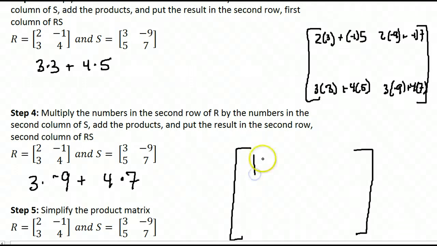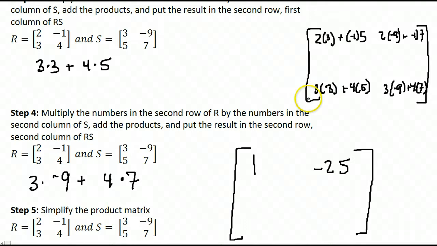The element in the first row, first column is 1. First row, second column is 2 times negative 9 plus negative 1 times 7. So we have negative 18 minus 7, which gives us negative 25.